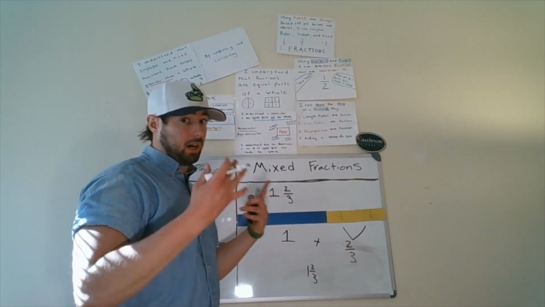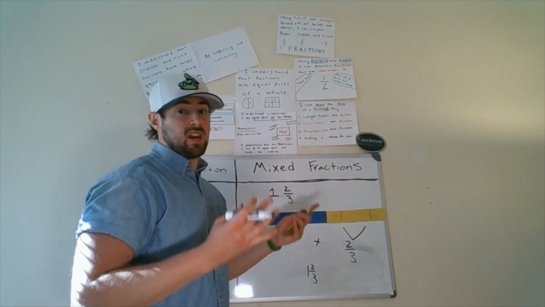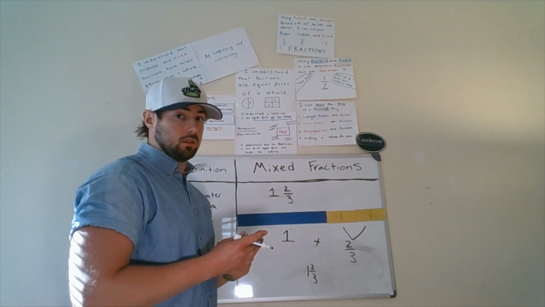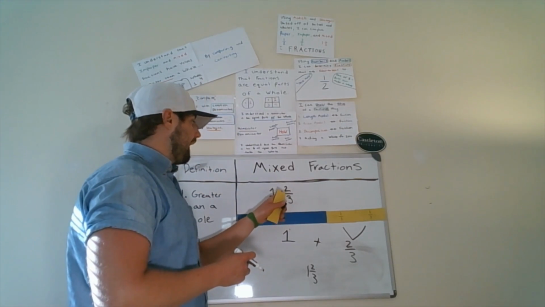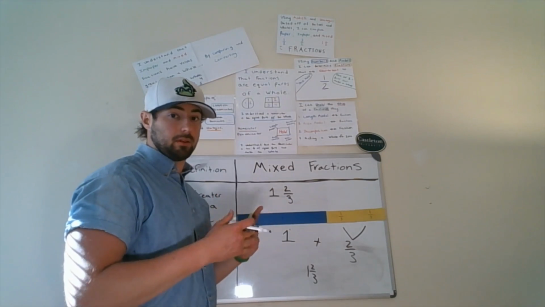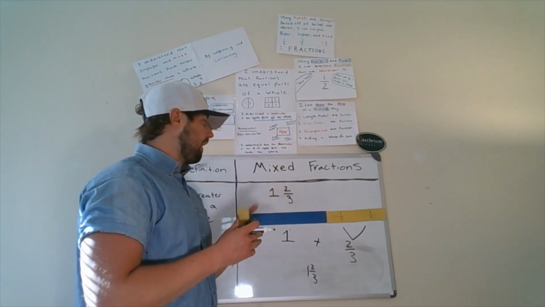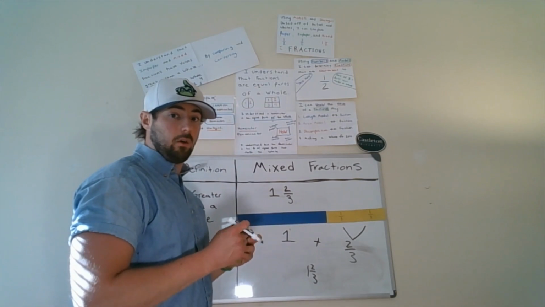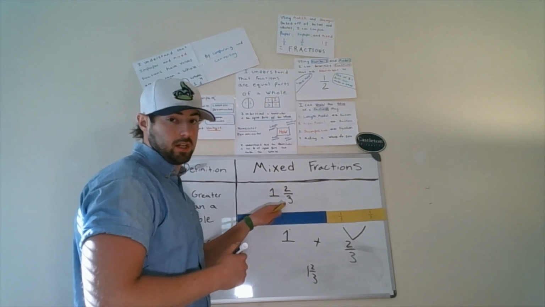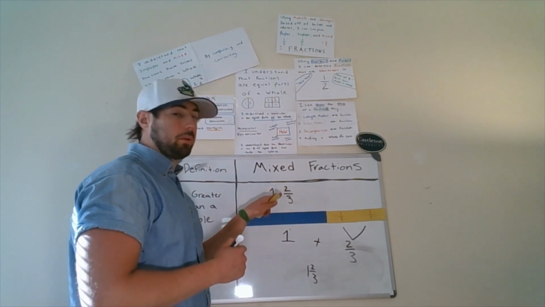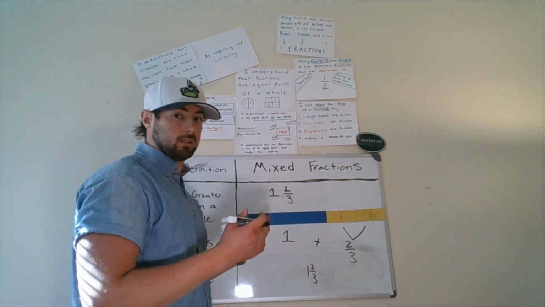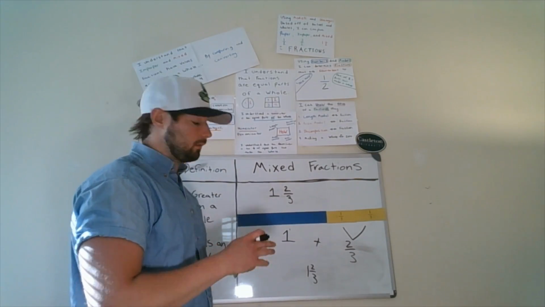This whole could be partitioned into any number of parts. But when we have 2/3 as our proper fraction that is mixed in to our mixed fraction, we can think of that whole as if it was partitioned into the improper fraction that is mixed in.